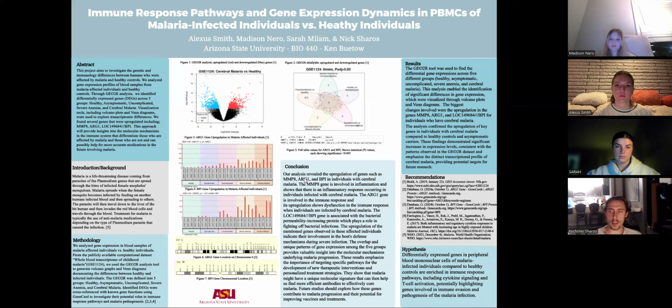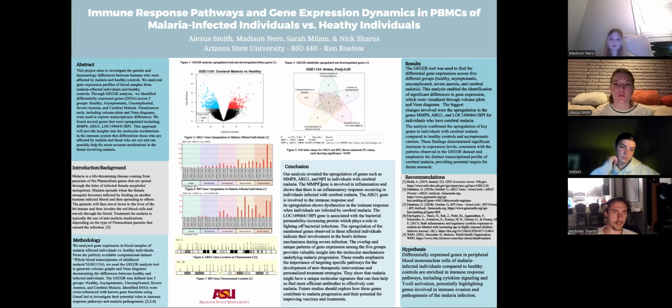The analysis grouped individuals into 5 categories: healthy, asymptomatic, uncomplicated, severe anemia, and cerebral malaria. We then cross-referenced identified differentially expressed genes with known gene functions to further understand the processes involved in malaria.